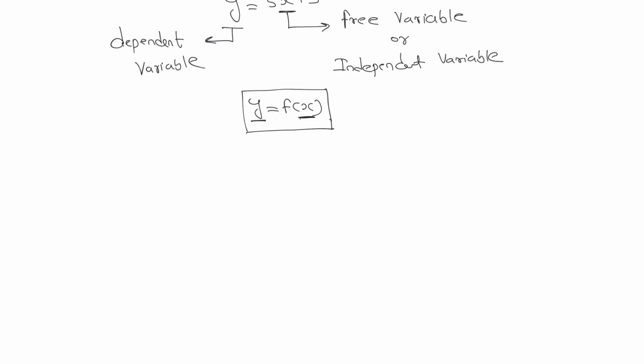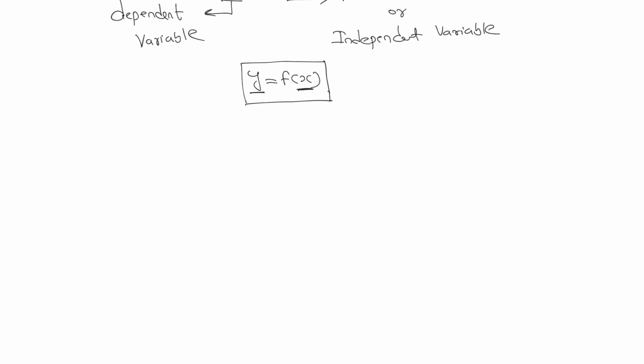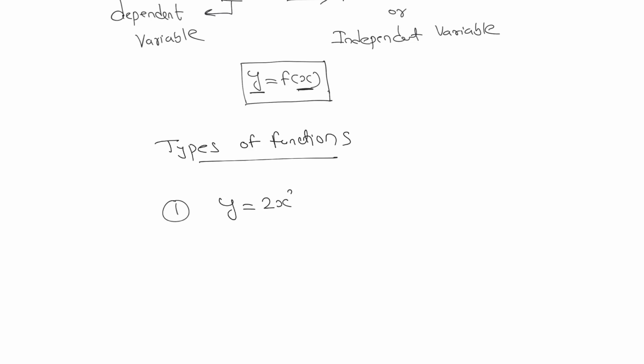Now we have different types of functions. We can discuss the different types of functions that in general we use. If you are writing a function like y is equal to 2x square plus 2x plus 10, this type of function is known as an algebraic function.